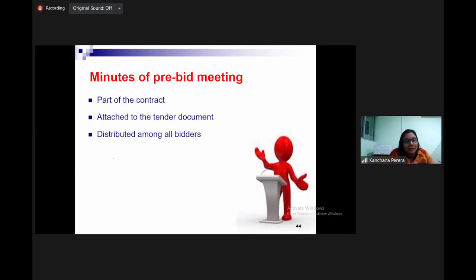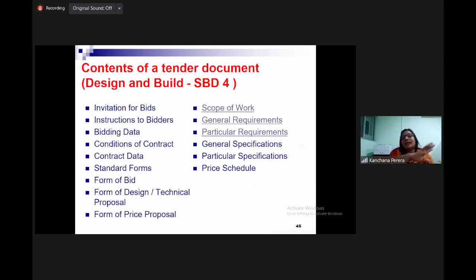All the amendments done to the bid document should be sent as addendums to all the bidders in writing. It's very important.